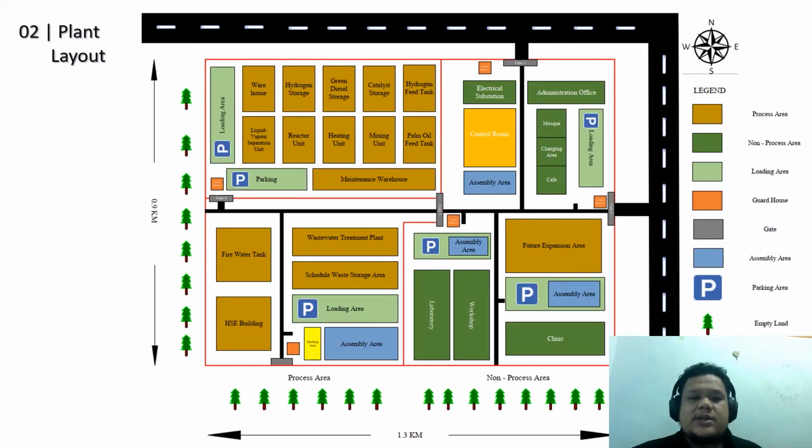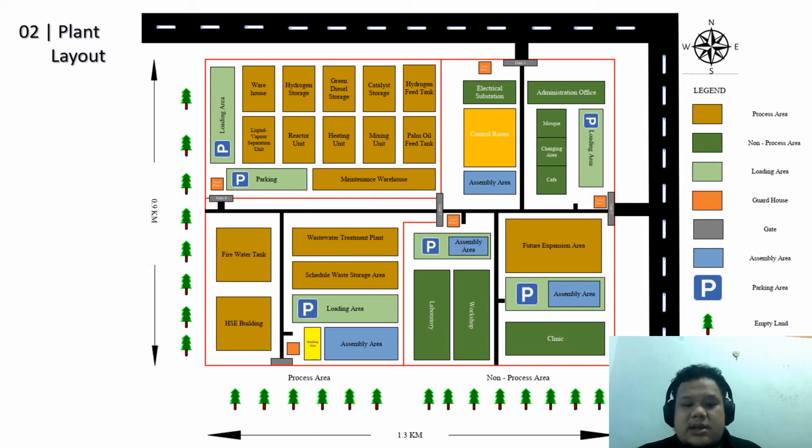As you can see on the screen, this is the proposed plant layout, which is surrounded by the infill, and the plant layout has a length of 1.3 km and a width of 0.9 km. In the plan, we can see the process area is separated from the non-process area. In the process area, there is all the necessary equipment that is required for the green diesel production.